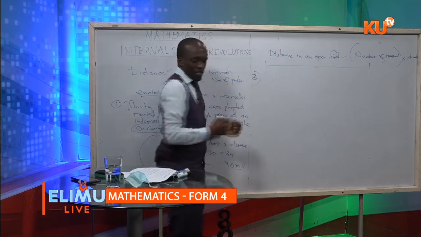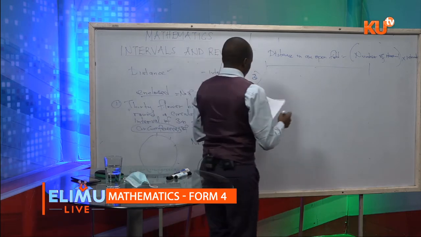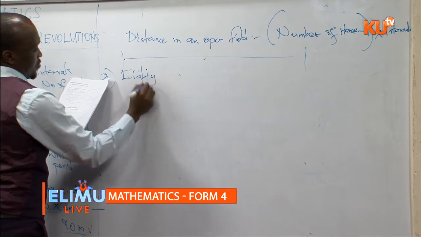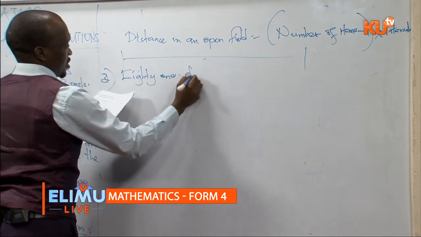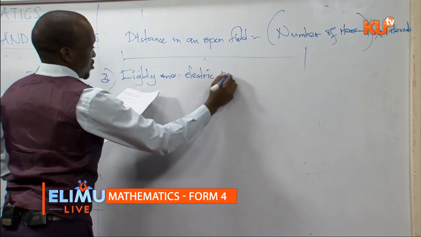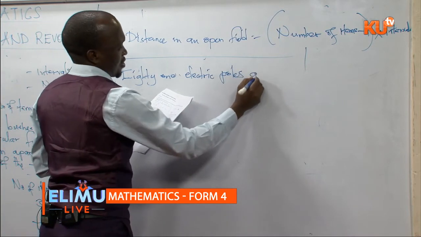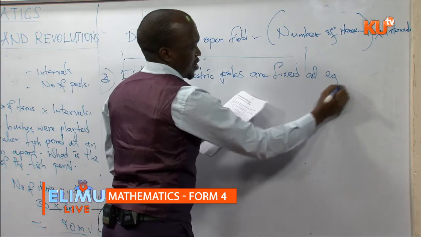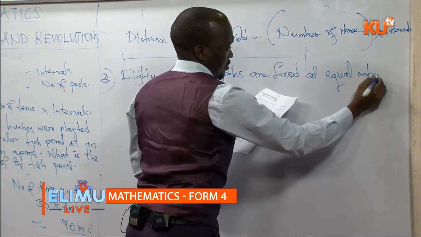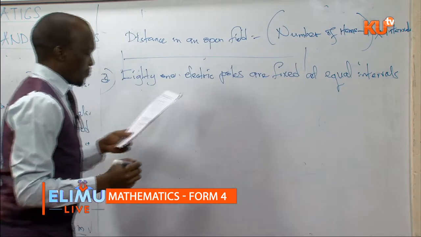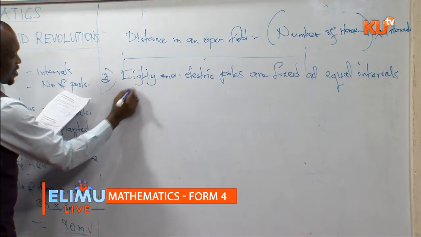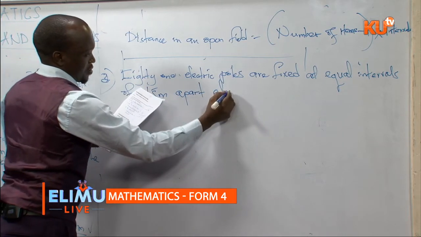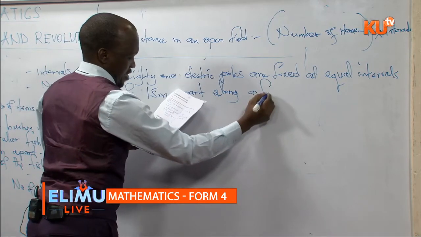An example in a question would be: 81 electric poles are fixed at equal intervals of 15 meters apart along a feeder road.